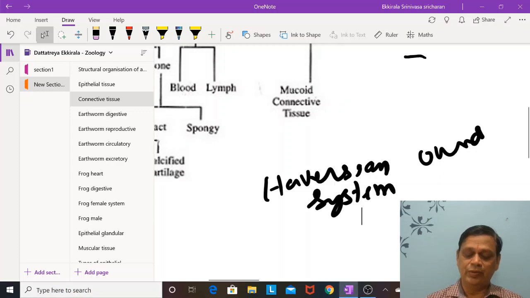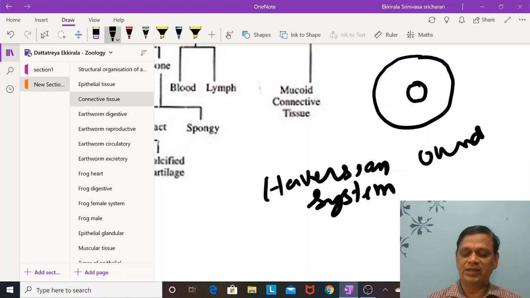If you take a transverse section of the bone like this, centrally there is a marrow cavity, and there will be various structural units in mammalian bone, all called Haversian systems, and that is a specialized feature of mammals.